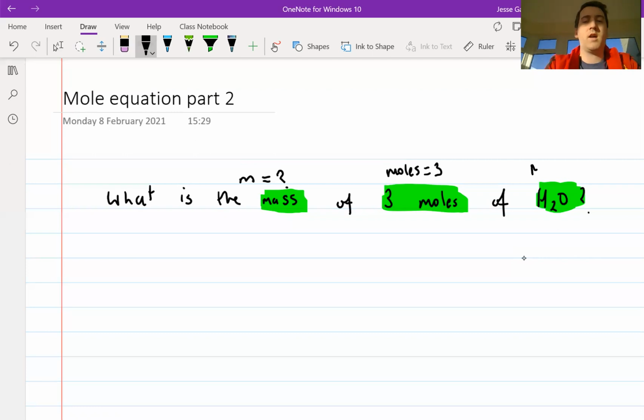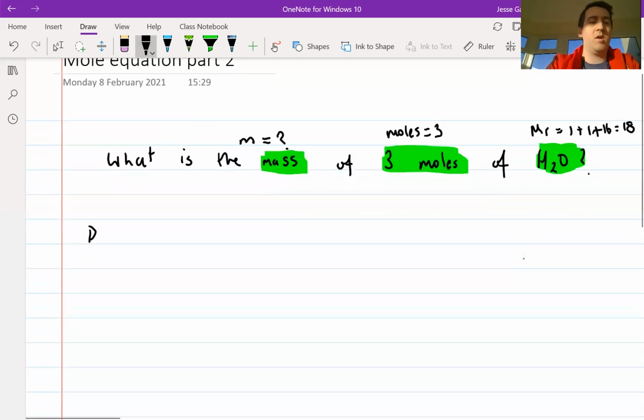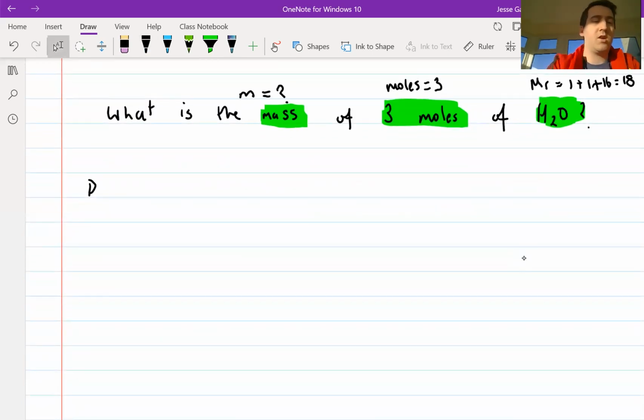So from there, I can work out that the MR, or the formula mass, is 1 plus 1, that's the 2 hydrogens, plus the mass of oxygen is 16, so the total is 18. So MR is 18.